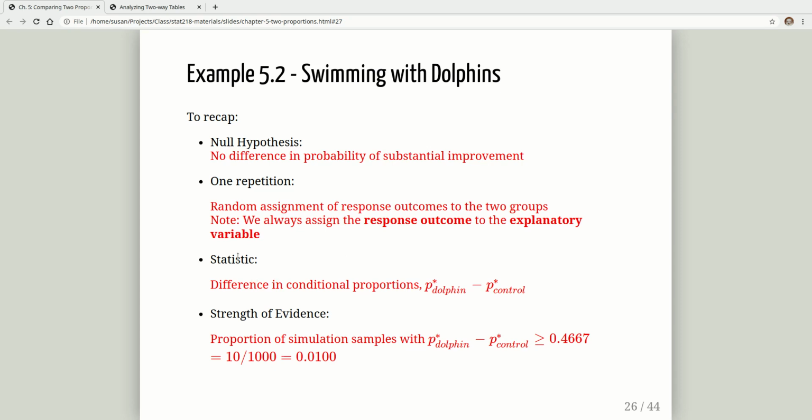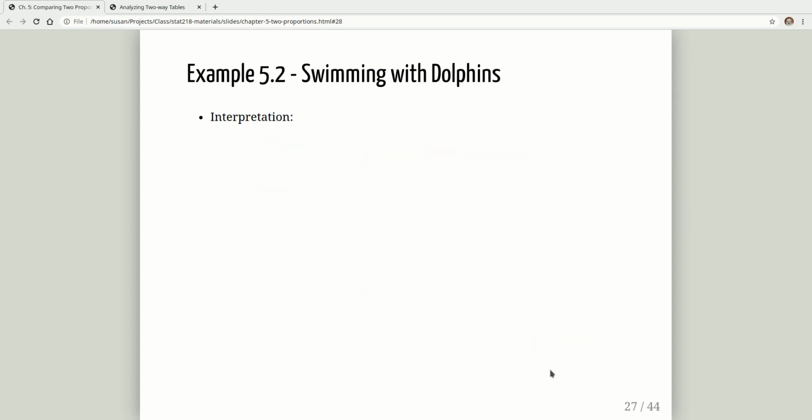Okay. So our statistic is the difference in the conditional proportions, so computed with our contingency table. And the strength of evidence is the proportion of simulation samples with a value as or more extreme than what we saw in the direction of the null hypothesis. So in this case, greater than. Okay.